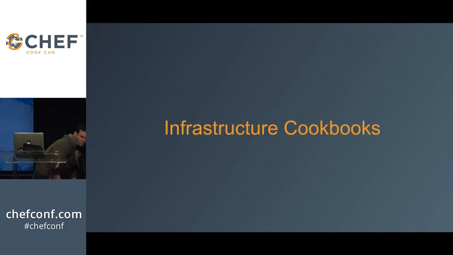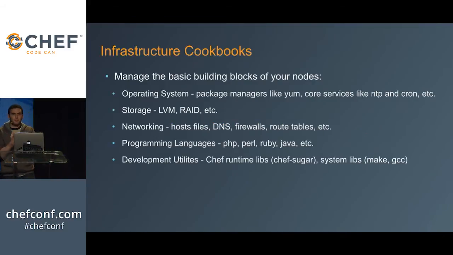So infrastructure cookbooks. Infrastructure cookbooks manage the basic building blocks of your nodes. They manage the operating system layers like package repositories, very core services like NTP and cron, set up storage, the LVM cookbook. Maybe they manage some networking like DNS, BIND, or hosts files or your IP route tables. Maybe they install just very fundamental cookbooks.